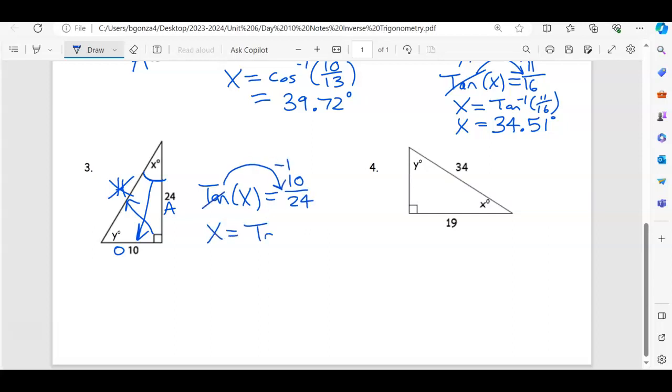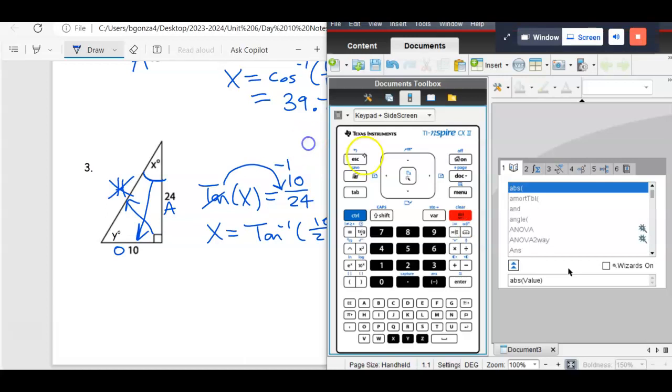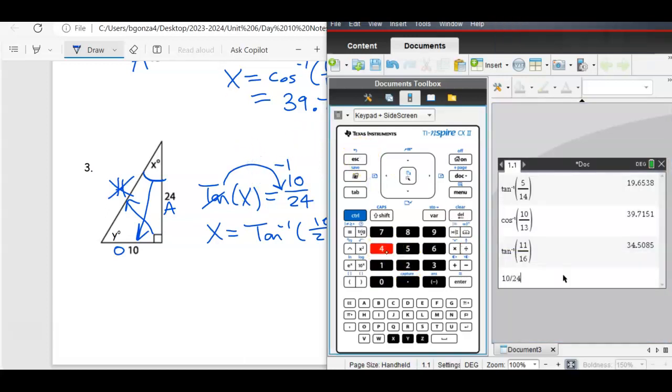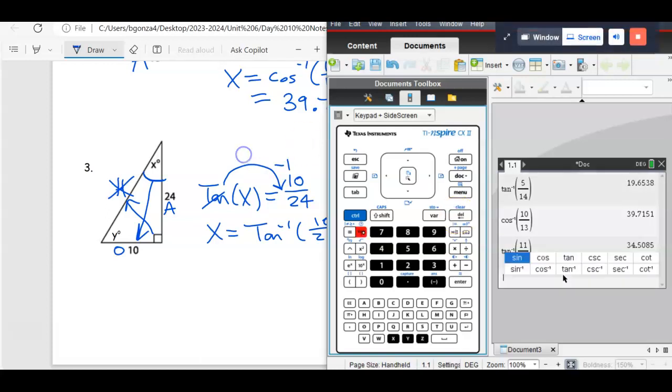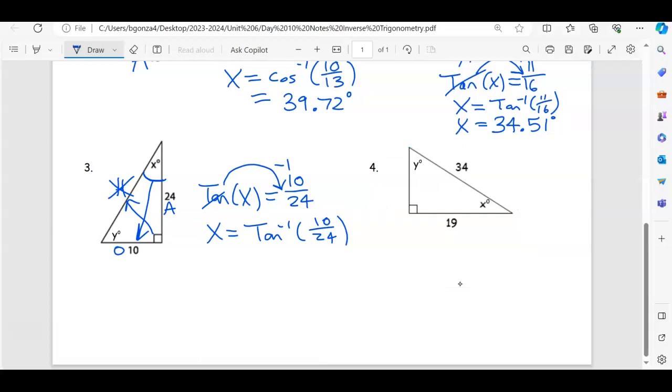So x is tan inverse 10 over 24. All right, so tan inverse 10 over 24 gives me 22.619, which is 22.62.